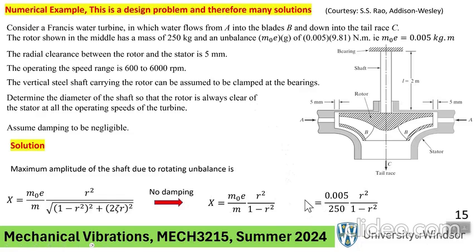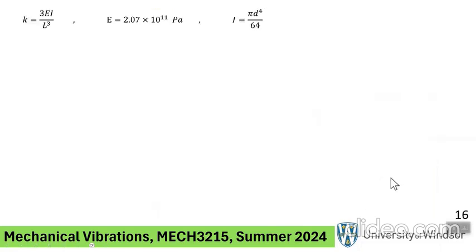We know that this is 5 millimeter, equal to the right-hand side, and notice that we are dealing with the spring. The spring comes from the cantilever beam, and the beam is actually that shaft that's hanging from a vertical position, assuming it's clamped, and then we can calculate the stiffness of it.